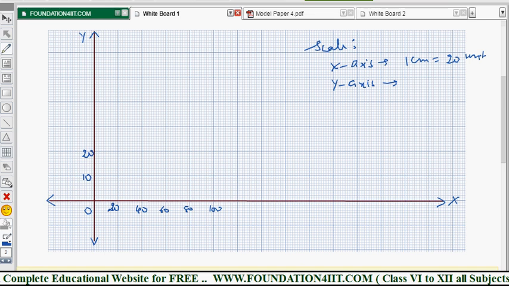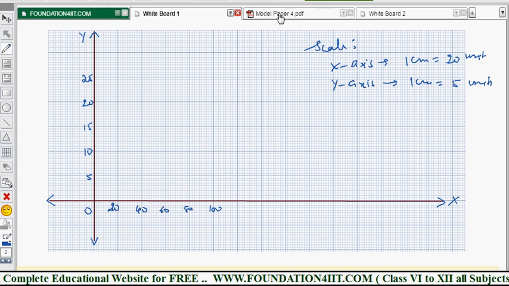So 10, 20, 30, but the highest is only 18, so the bars will be very small. Then you can take bigger steps, 5, 10, 15, 20, 25, so you can change the y-axis: 1 centimeter is equal to 5 units. You can take anything, it is the same. There is no difference in the mode.